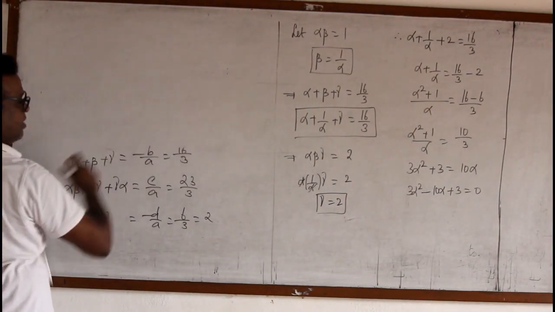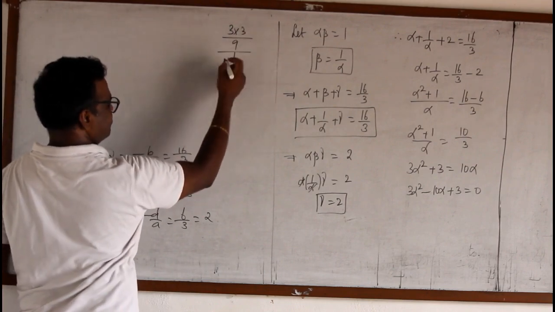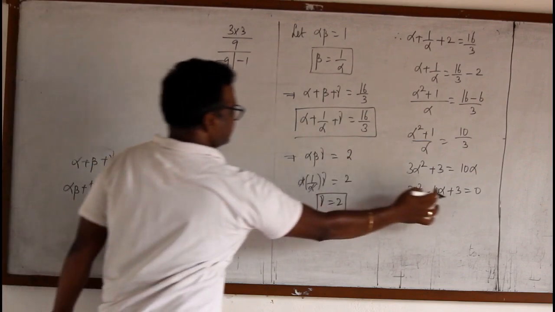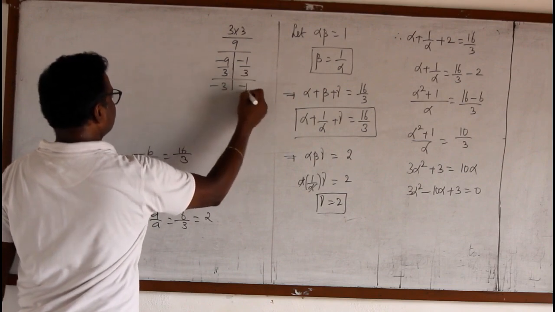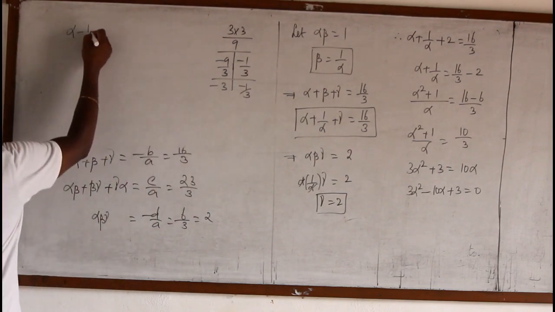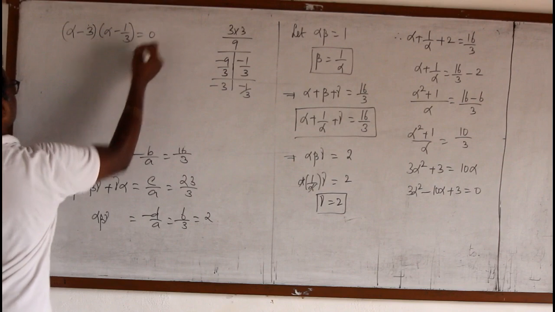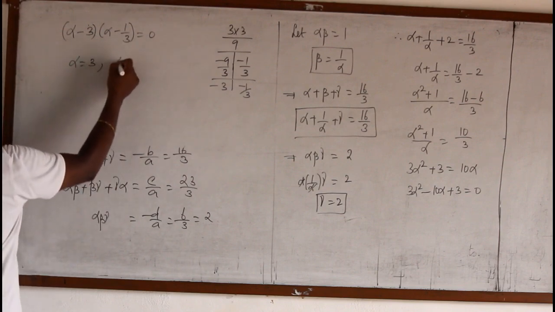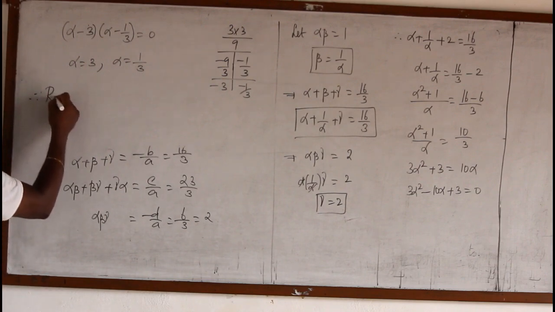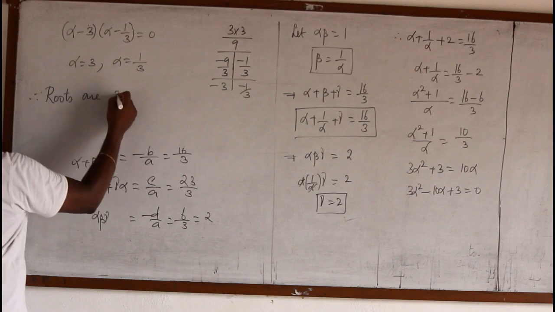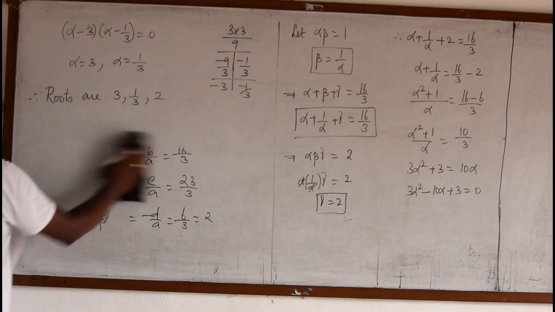So, if I solve, 3 3s are 9, it can be written as minus 9 into minus 1, so that term is minus 10. So, by 3 gives me minus 3, minus 1 by 3. So alpha minus 3 into alpha minus 1 by 3 equal to 0. Alpha equal to 3 or alpha equal to 1 by 3. Therefore, we already found gamma as 2. Roots are 3, 1 by 3, and gamma 2. So that we have solved this problem.